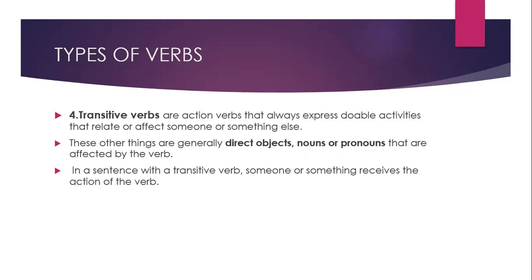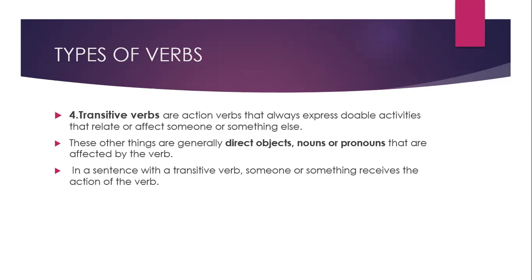Then we have some verbs referred to as transitive verbs. Now, transitive verbs are action verbs that always express doable activities that relate to or affect someone or something. So transitive verbs express doable activities. They are also linked to direct objects, nouns or pronouns that are affected by the verb.